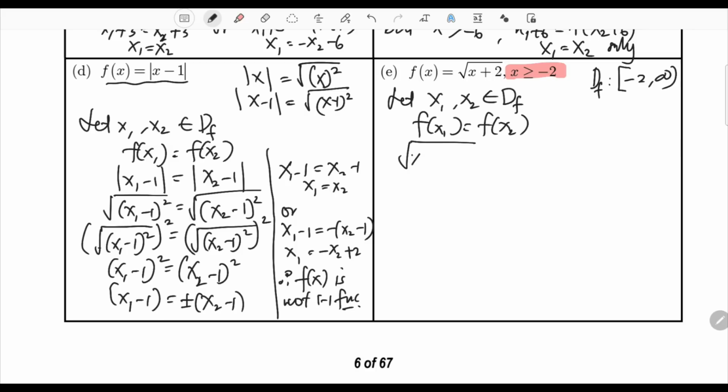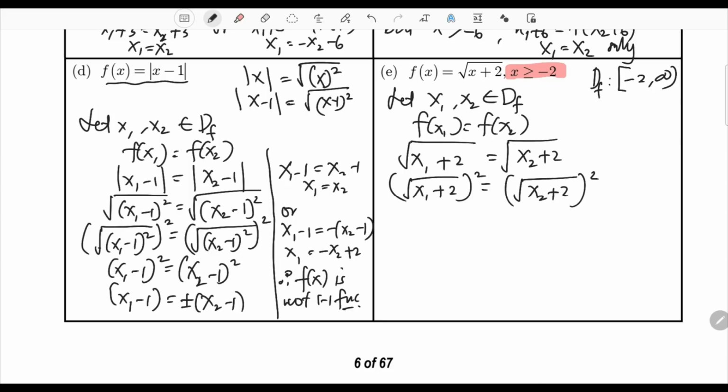So square root of x1 plus 2 equal to square root of x2 plus 2. So to eliminate the square root, squaring both sides. Okay. So here x1 plus 2, x2 plus 2. So we are left with x1 plus 2 equal to x2 plus 2.